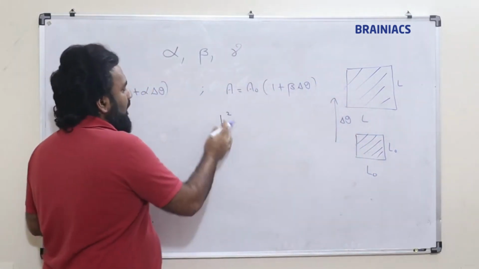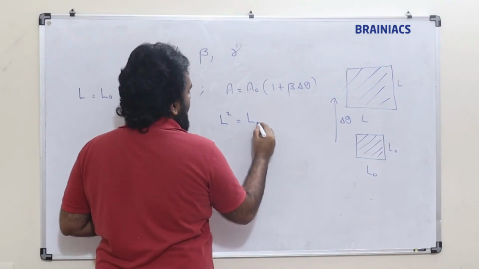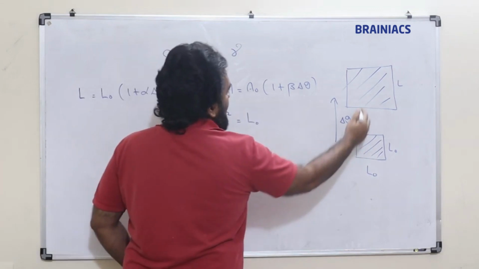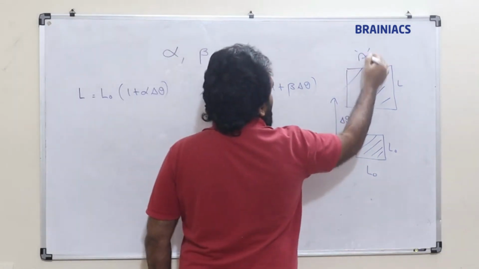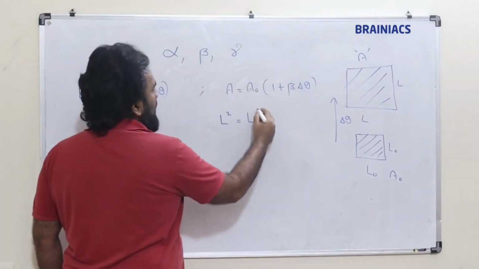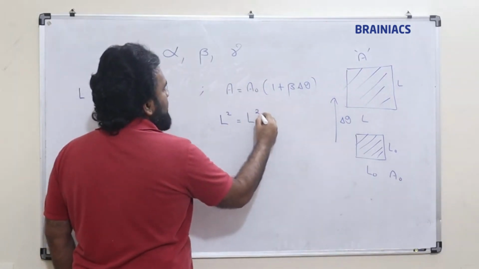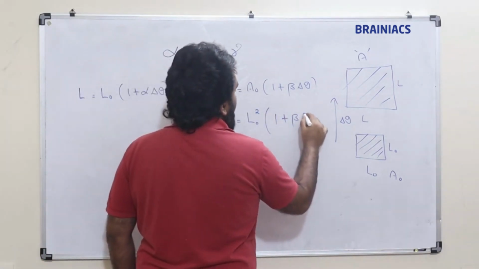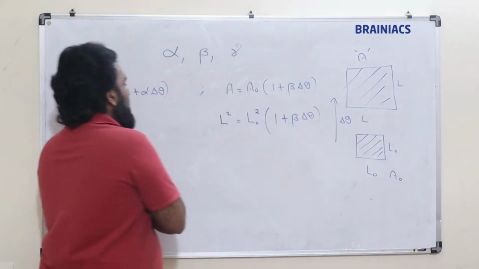Now the final area is A, and the initial area A naught is L naught square, so A is L naught square into 1 plus beta delta theta, right?